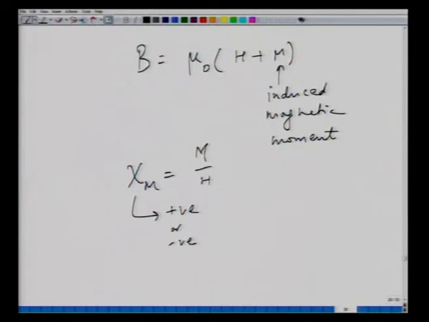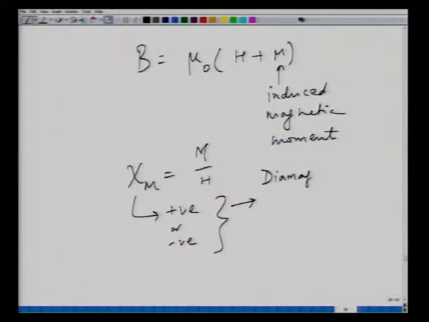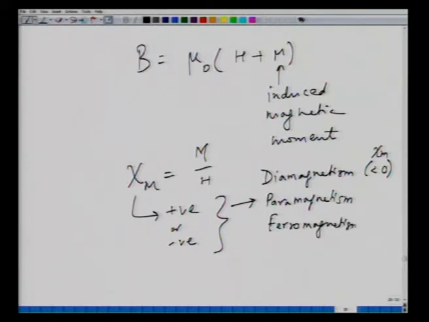However, unlike dielectric materials, this can be both positive as well as negative, and depending upon what sign it has, magnetism has various categories. Based on that we define magnetism into diamagnetism, which has negative susceptibility, and then paramagnetism, ferromagnetism, ferrimagnetism, and antiferromagnetism.